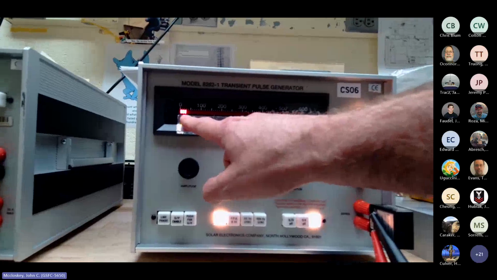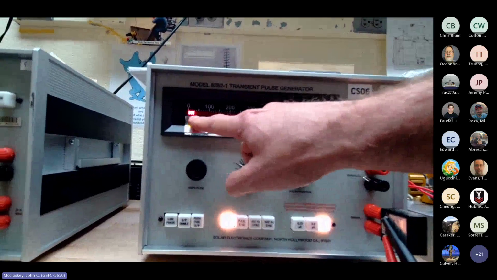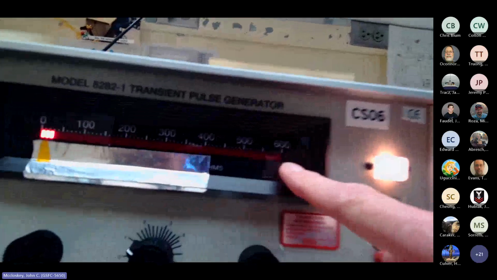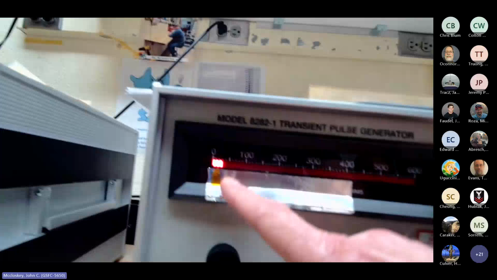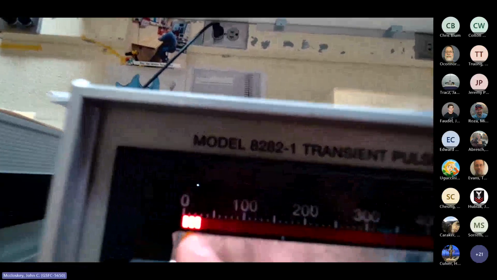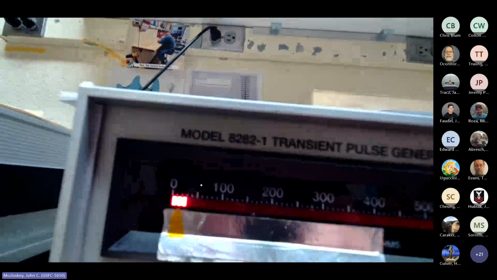This is showing we've got three lights lit on the gauge. And as I said, this goes up to 600 volts. This thing is capable of driving 600 volts, and we're driving 30. Each one of those ticks is 10 volts. So 3 ticks for 30 volts.